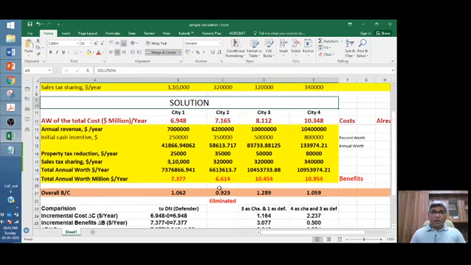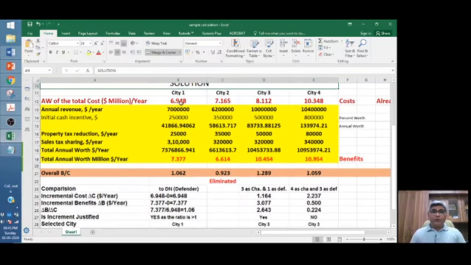Now we are left with the choice among 3 cities, that is city 1, 3 and 4. Now how do we decide which city will be preferred after eliminating city 2 on the basis of overall B by C ratio? What we will do is compare.